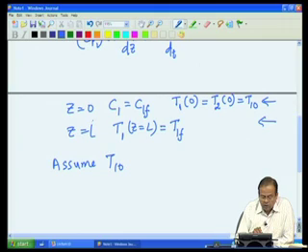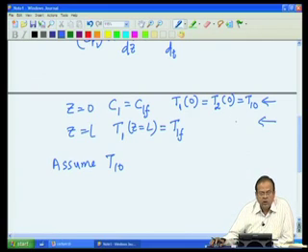If I assume T10, then I know everything that needs to be solved, because I know 3 conditions: this concentration is C1F, T10 is T10 because I have assumed some value, and T20 is T20. So, I can integrate these equations in a single direction. Now this becomes a normal boundary condition problem, not a 2-point boundary condition problem, if I assume T10.